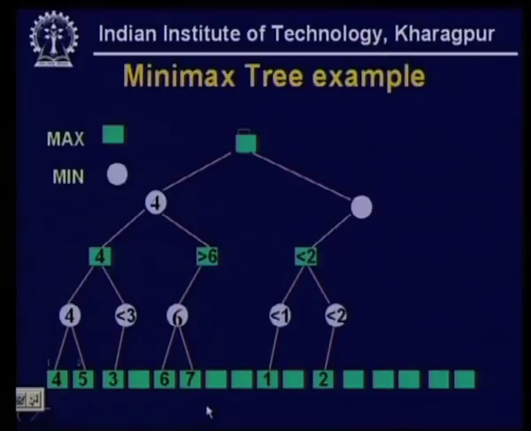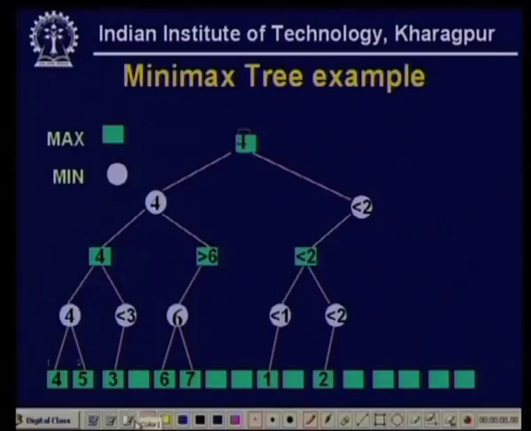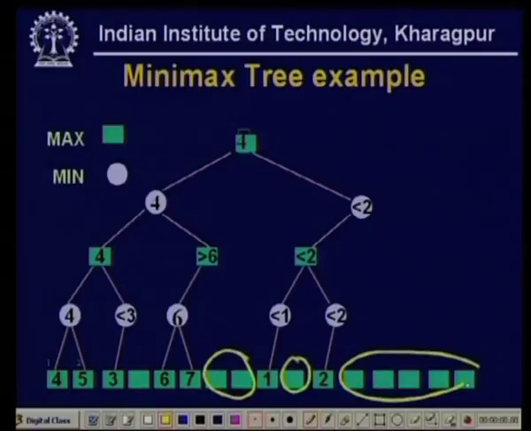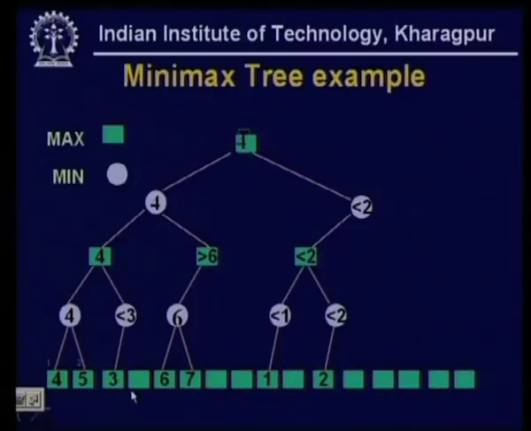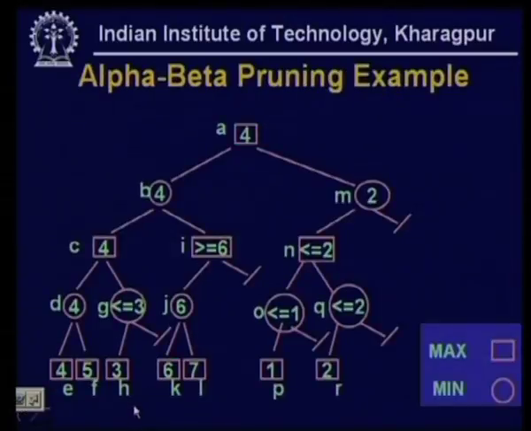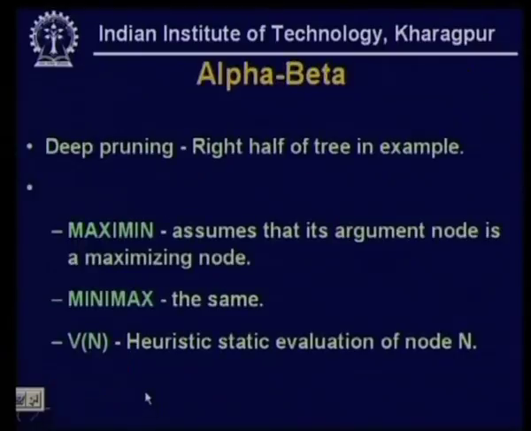And as we can see, these nodes were cut off by alpha beta pruning, they were not evaluated, and also this portion of the tree need not be evaluated when we use alpha beta pruning. And this shows the same diagram. Now, here we have some deep pruning at the right half of the tree.